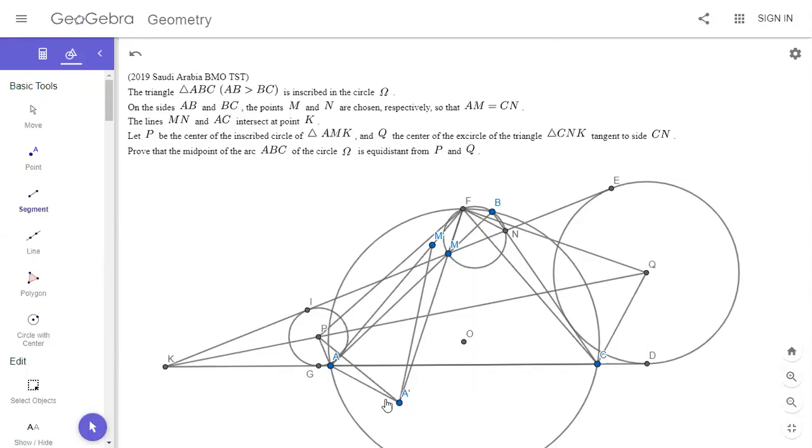Is angle PA prime M prime equal to angle BCQ? Yeah, this is a really random approach, but kind of interesting.